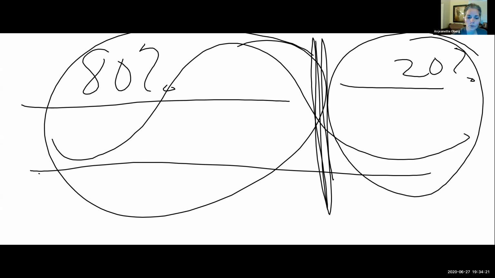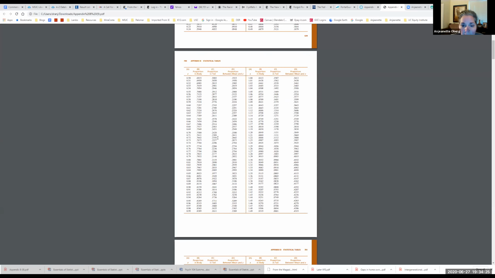So here I'm going to look at my unit normal table, and here we go, the proportion in the tail. I'm focused on that at 20%. It looks like I'm going to be right here at 0.85 or 0.84.